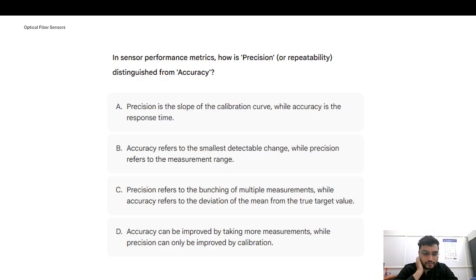C says precision refers to the bunching of multiple measurements, while accuracy refers to the deviation of the mean from the true target value. And D says accuracy can be improved by taking more measurements, while precision can only be improved by calibration. Let me know what the correct answer is here.